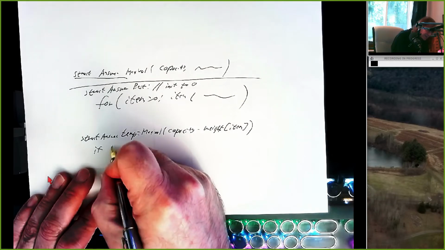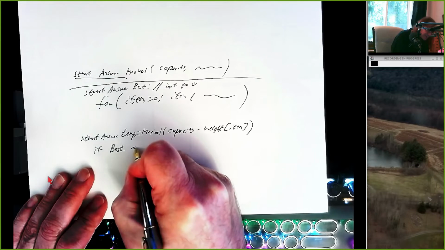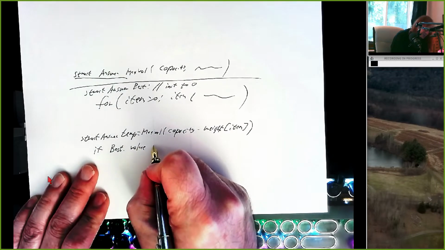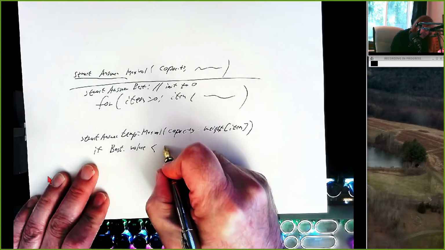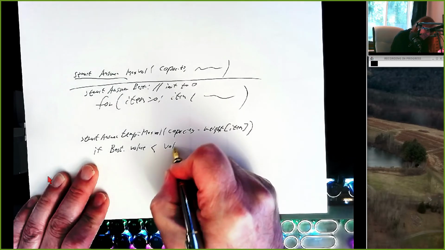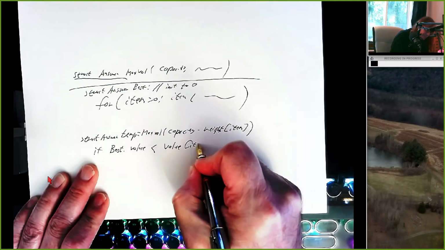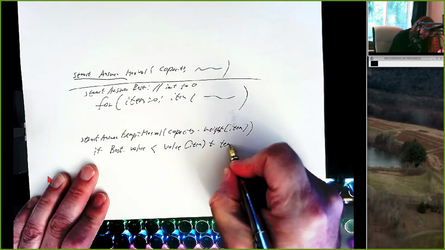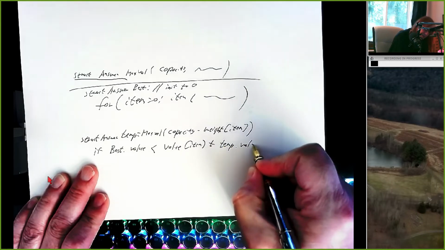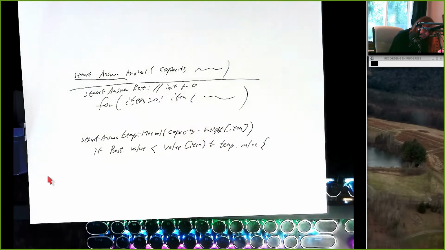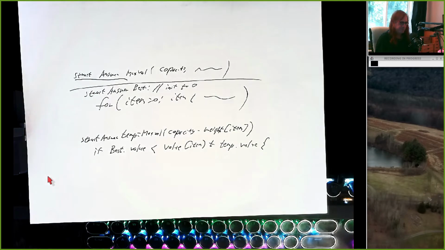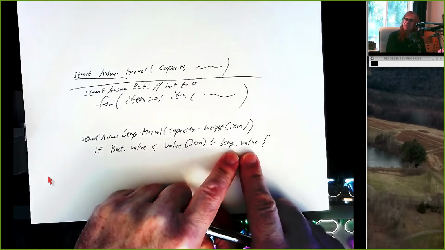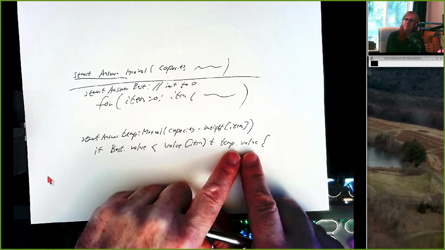And then, when we get the max val back from here, we can do something like this. If best value is less than value of this item plus temp dot value. So this is the value of this item, and this is the best value we can get from our bag once we put that item in it, right?